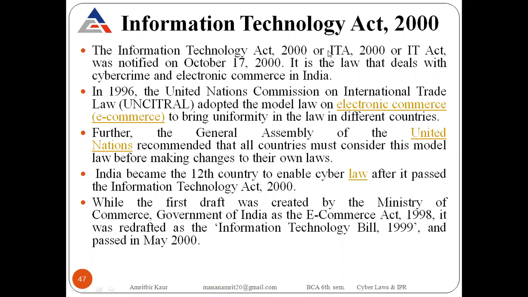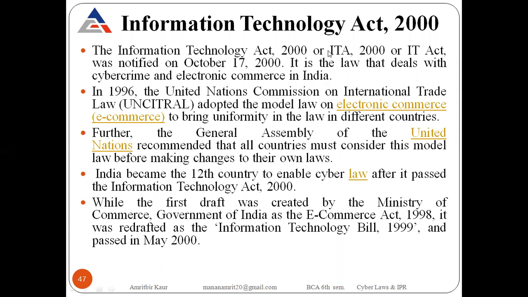As we know, IT Act 2000 amended 4 acts: the Indian Penal Code, the Reserve Bank of India Act, and the Evidence Act. So the United Nations recommended countries to change their laws.